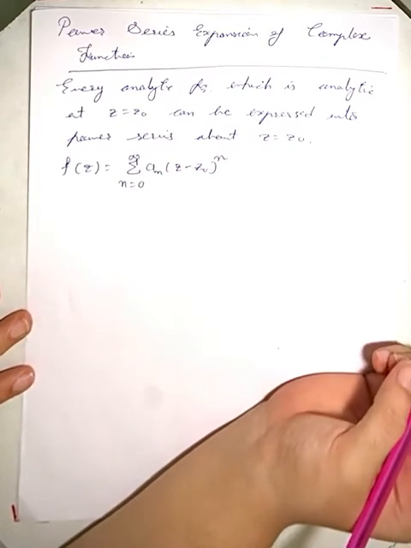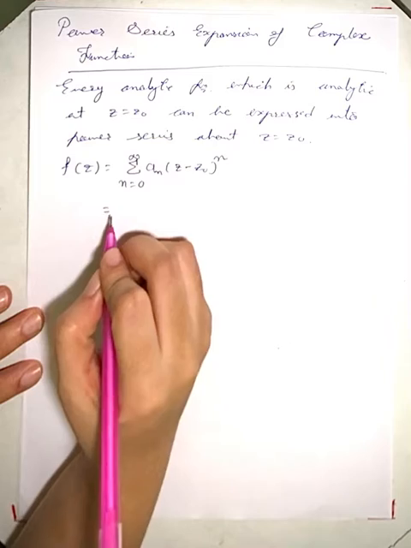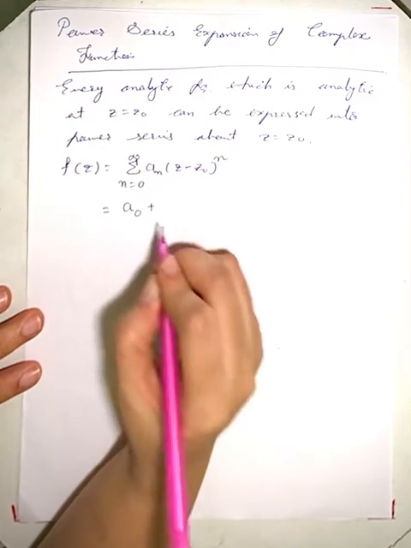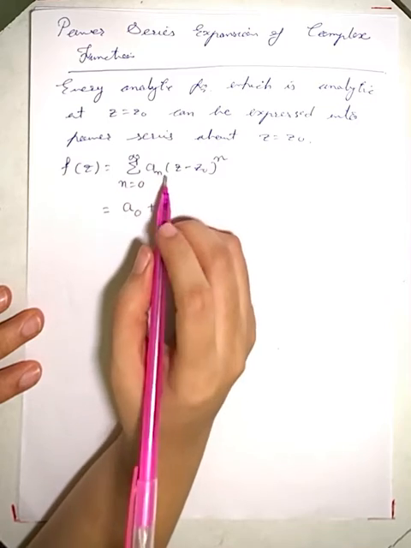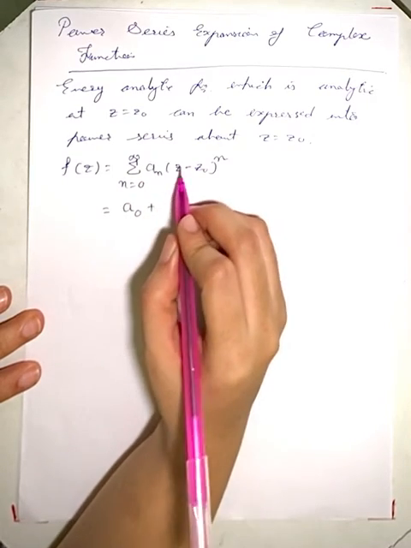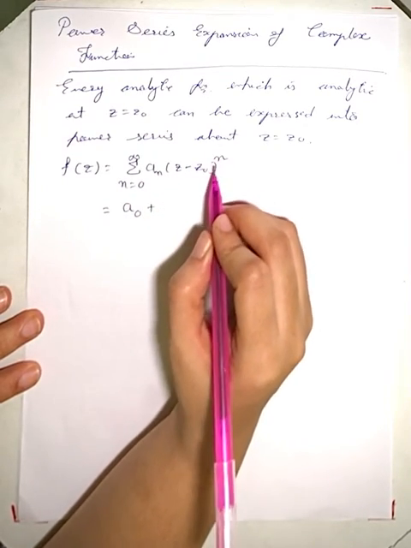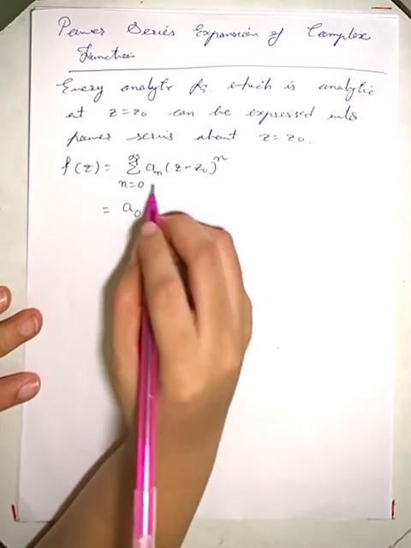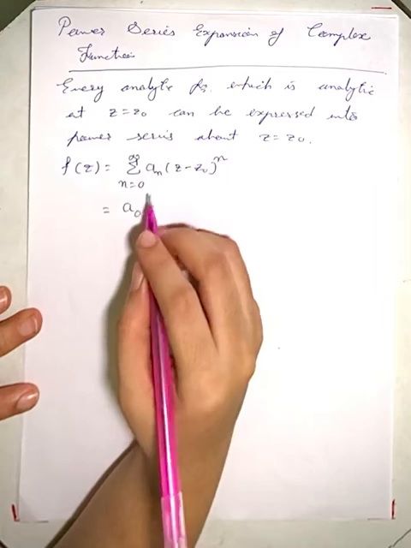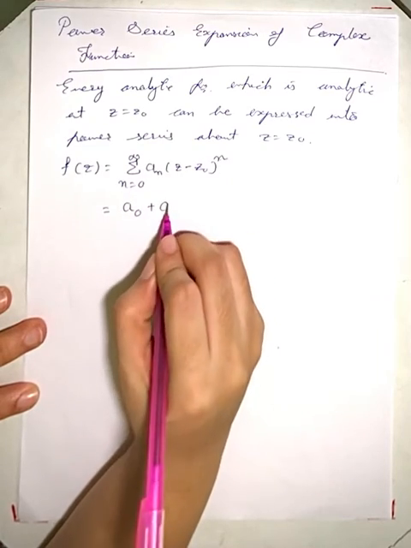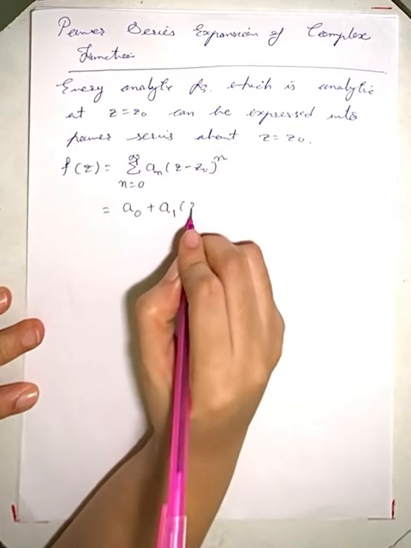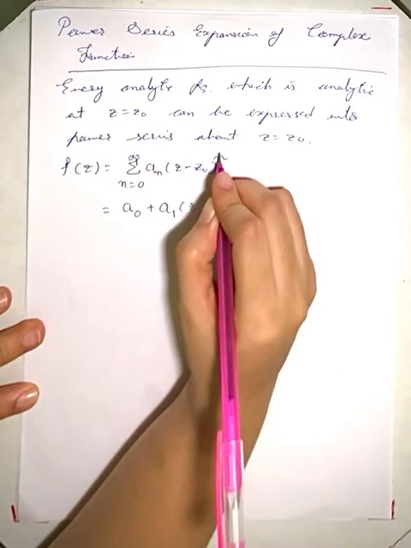This is the structure of the power series, and if you expand it, then putting the value of n, the first term will be a0, and (z minus z0) to the power 0, anything to the power 0 is 1. Then put n equal to 1, so a1 (z minus z0) to the power 1.